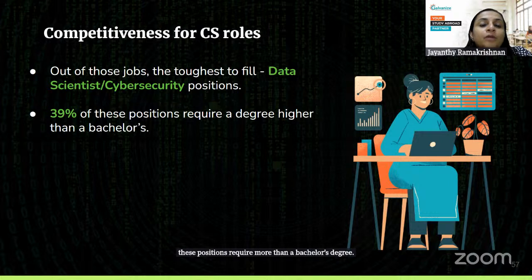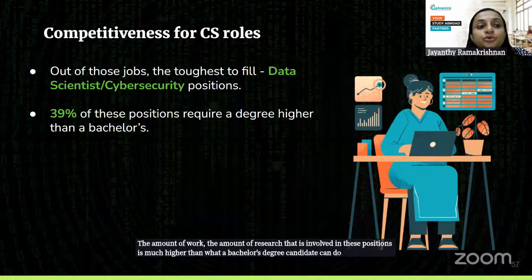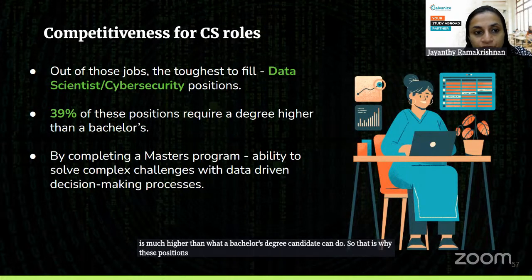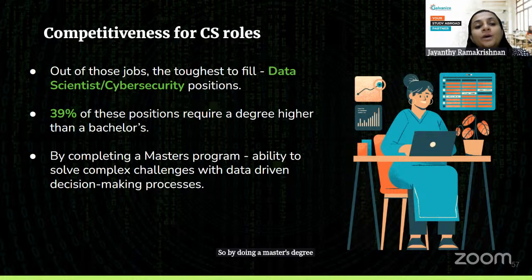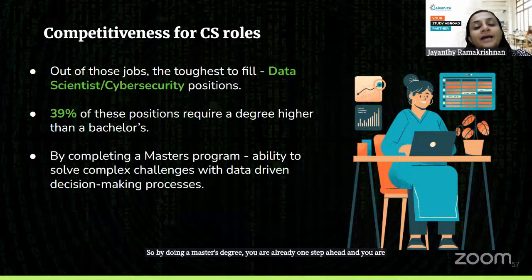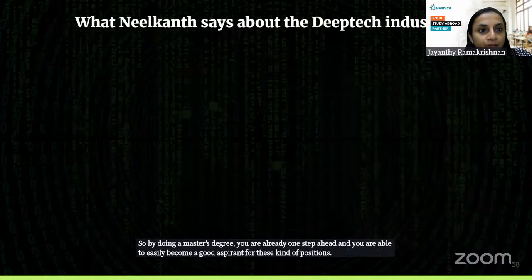Okay, the amount of work, the amount of research that is involved in these positions is much higher than what a bachelor's degree candidate can do. So that is why these positions are more competitive to fill. So by doing a master's degree, you are already one step ahead, and you easily become a good aspirant for these kinds of positions. Okay.